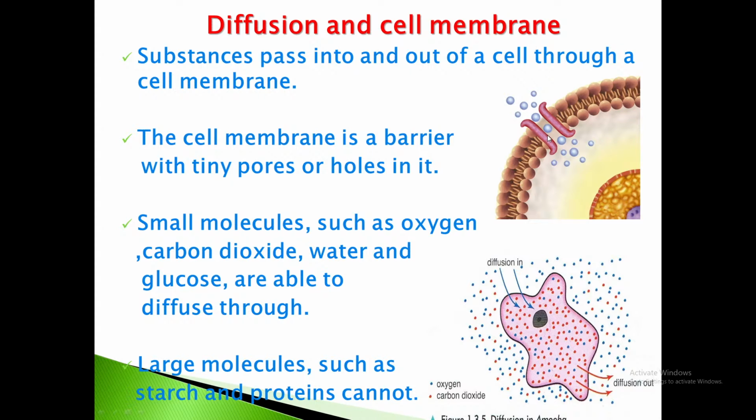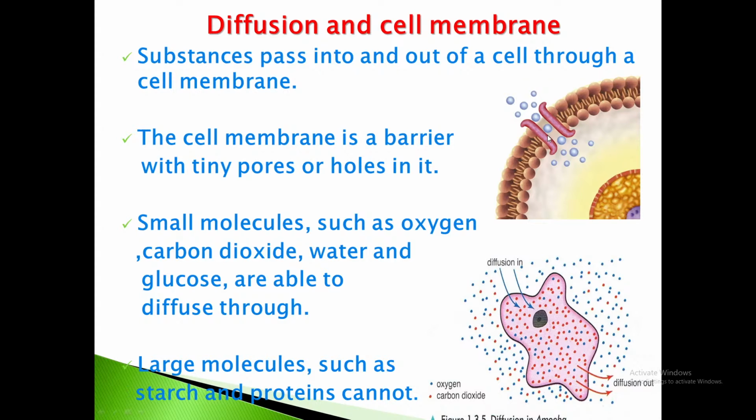These pores normally allow small substances to enter or leave the cell based on what is needed. Pointer 3 gives you those small substances, such as oxygen, carbon dioxide, water, and of course glucose. These substances are either going to enter the cell or leave the cell.